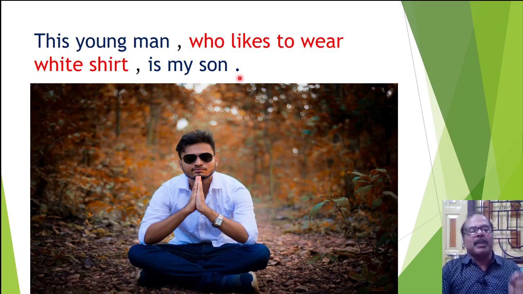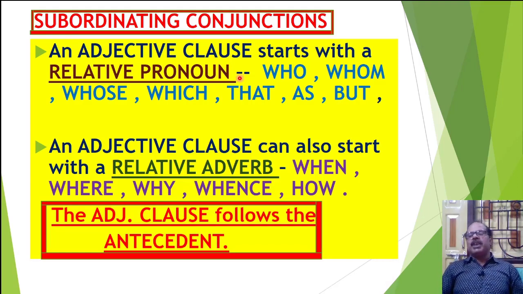Now what are the subordinating conjunctions? As adjective clause is a subordinate clause, when it gets tagged with the principal clause, it needs subordinate conjunctions. What are the subordinate conjunctions in the case of adjective clause? An adjective clause starts with a relative pronoun like who, whom, whose, which, that, as a particular use.